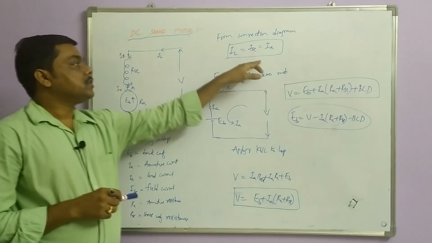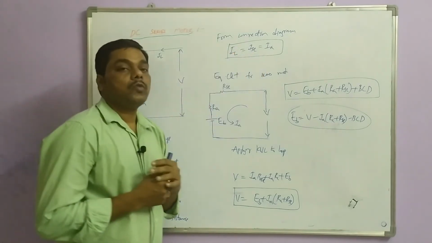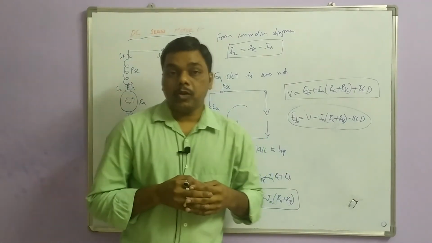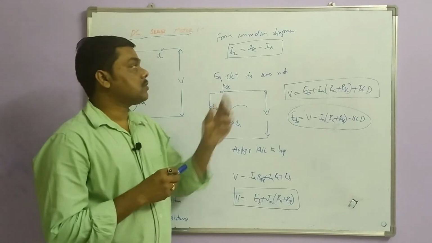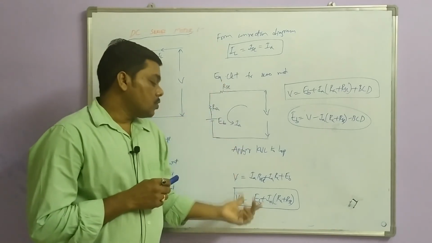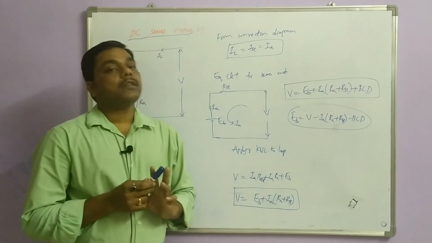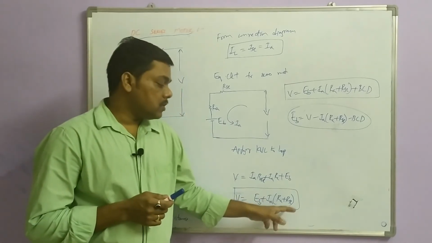Now what we observe from this series motor: the armature current, series current and load current are the same and of higher magnitude, so a large current takes place in this motor, and the drop across the armature and series winding is also high if these two resistances are high.